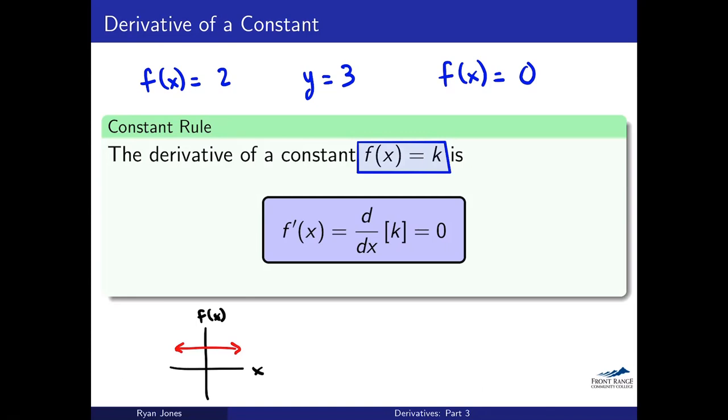And so what we'll say here, not really regarding the notation, I'll just say the derivative of a constant is 0. Anytime you see a constant and you're going to take a derivative of it, you're going to get 0.